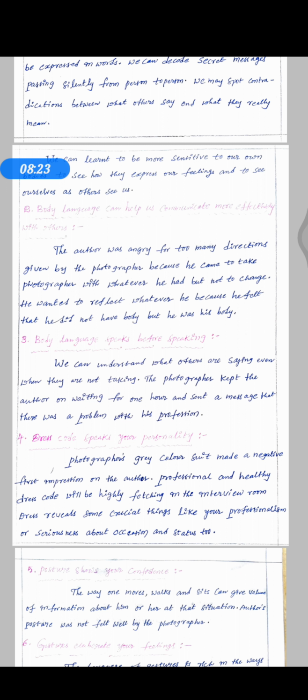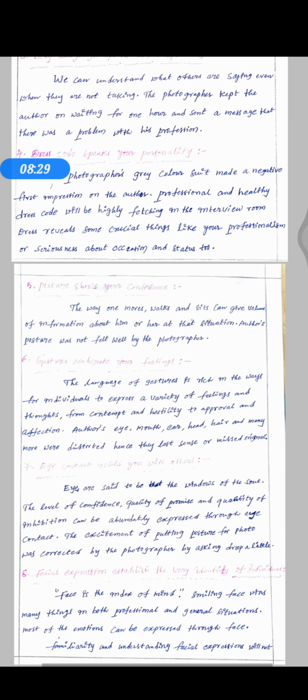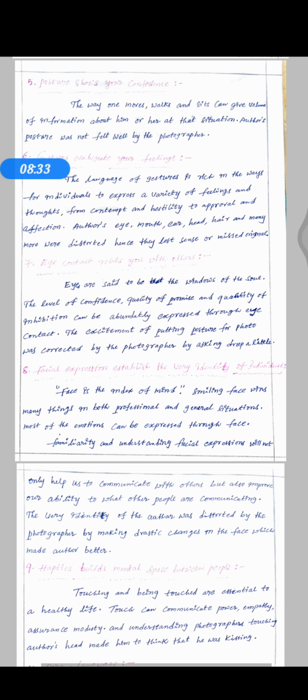So status is also shown by postures. And the next one is gestures elaborate your feelings.